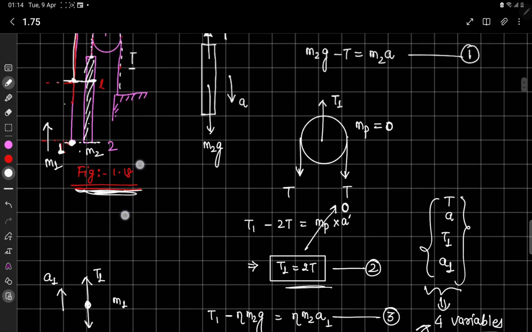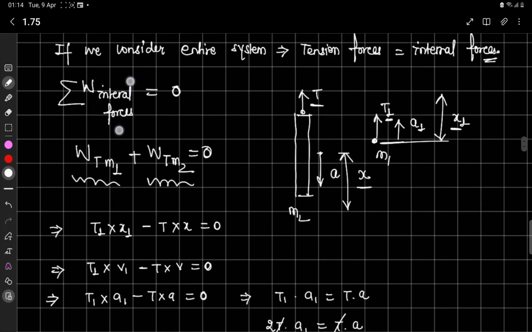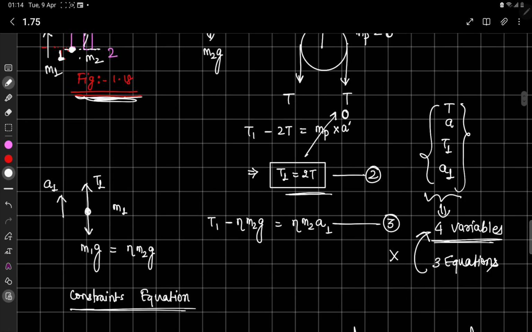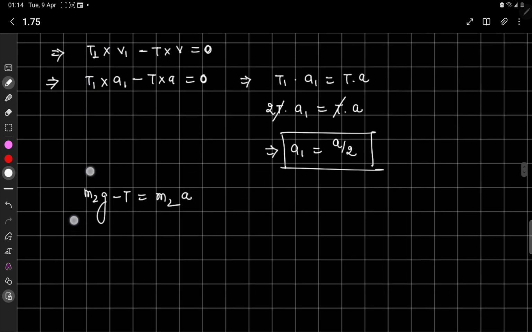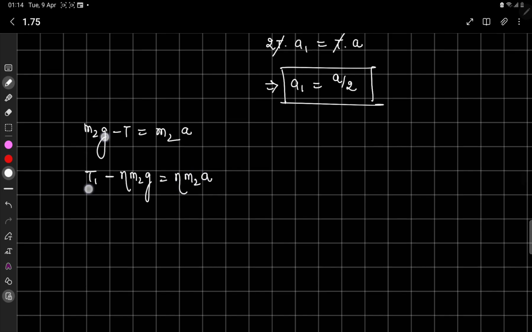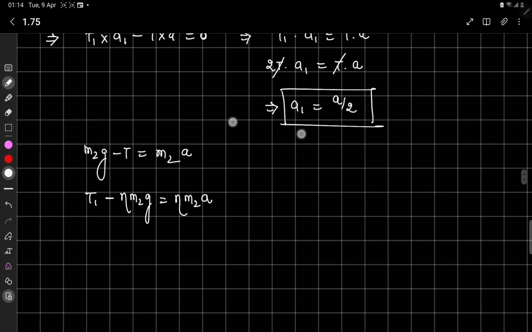Now if we rewrite the first equation, that is m2g minus T is equal to m2 times a, and the third equation is T1 minus eta times m2g is equal to eta times m2 into a1, and we know T1 is equal to 2T.